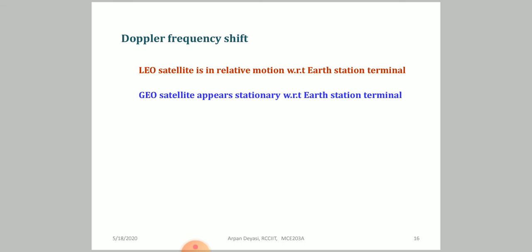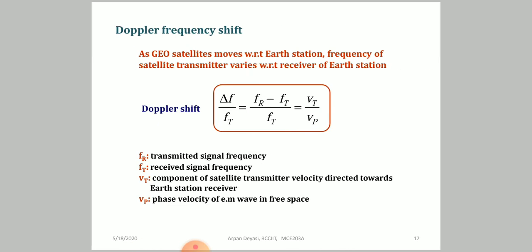But though GEO appears stationary, it moves with respect to the Earth station very slowly, and the satellite transmitter varies the frequency. And how does it vary? If you measure the shift with respect to the received signal frequency, it's a ratio of velocities. What are the velocities?